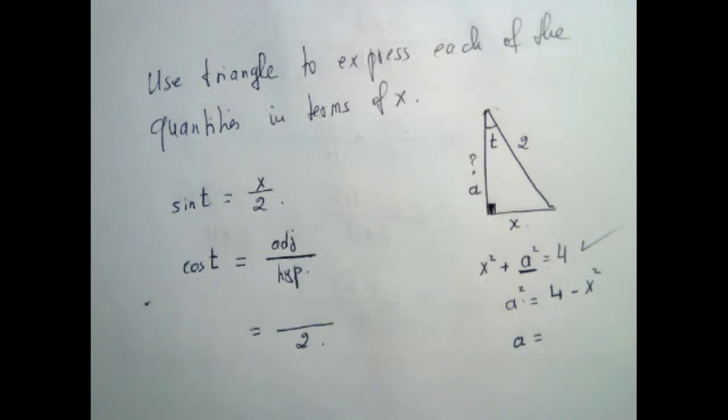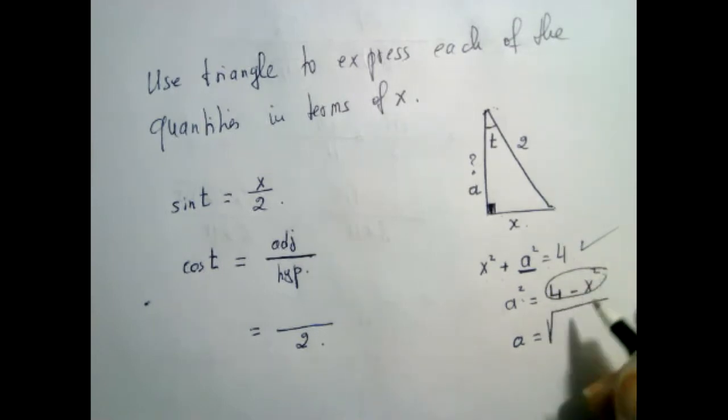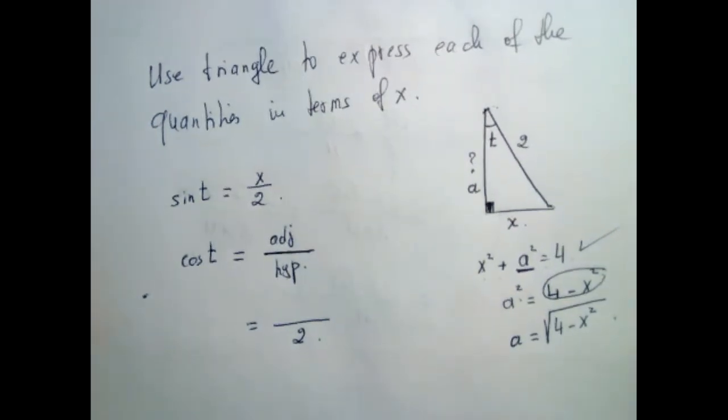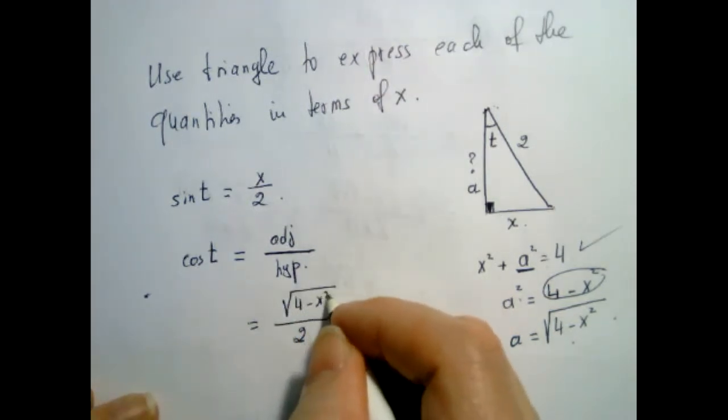A is what? So A wouldn't be radical 2? No. A would be the square root of this whole thing. Got it? I'm talking to everybody, basically. Are you with me? Yeah. So that's the A. Exactly. It's going to be the square root of 4 minus x squared.